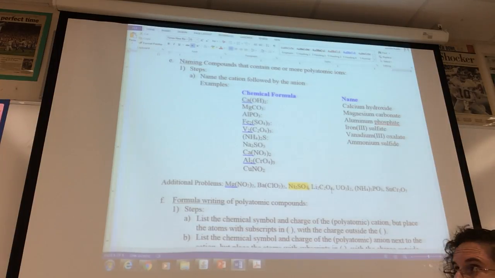So try and do that one I highlighted in yellow. Let's see if you've got it. It's very tricky. Be careful.